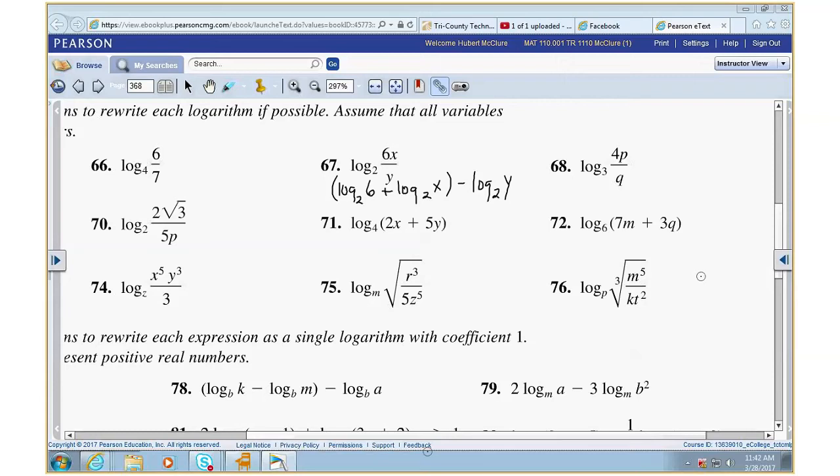I'm sorry, yeah, the regular one. Same thing here: log base 3 of 4 plus log base 3 of p minus log base 3 of q.